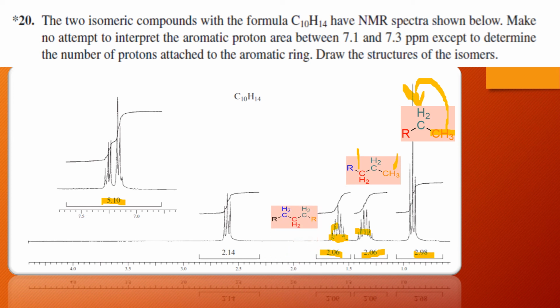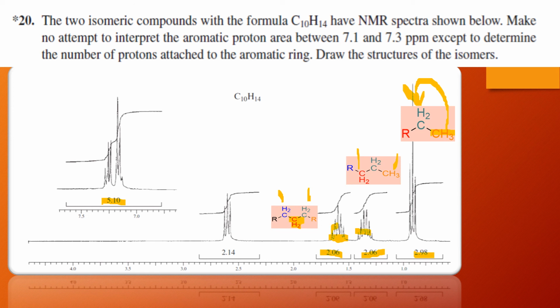You can see here this is basically CH2, which is attached to carbons having a total of 4 protons, right? So it has 2 protons and 2 protons, so 2 and 2 would be 4, and 4 plus 1 would be 5, which means it's a quintet. Let's move here and see.